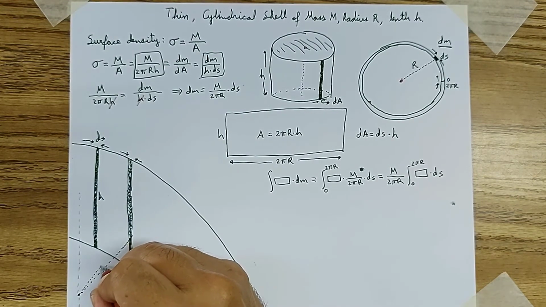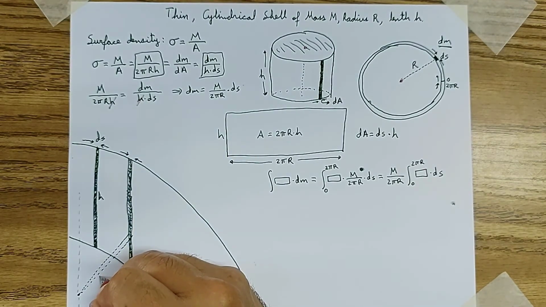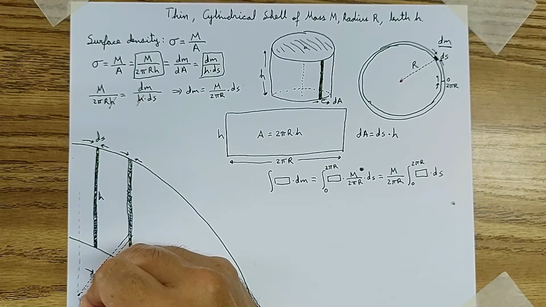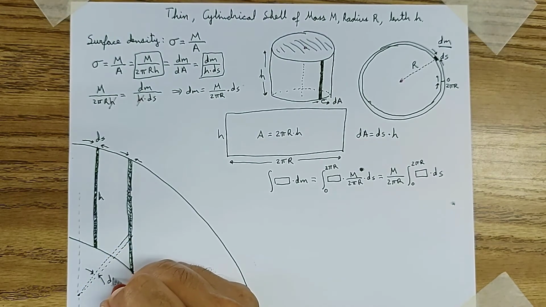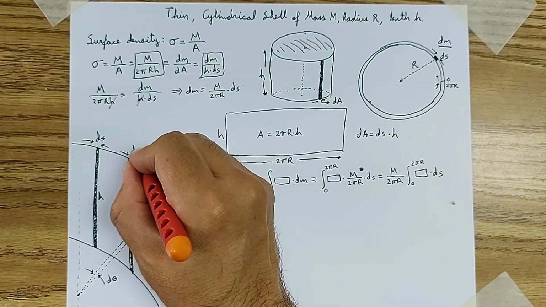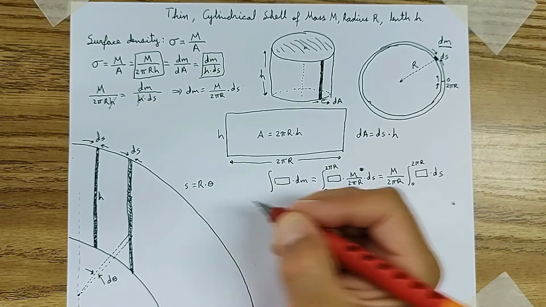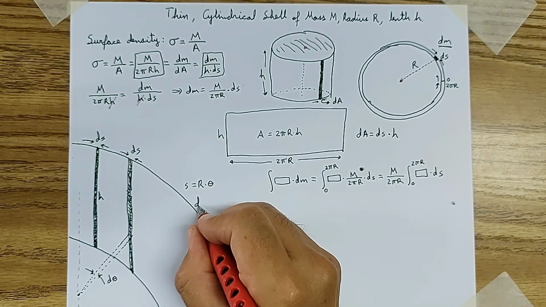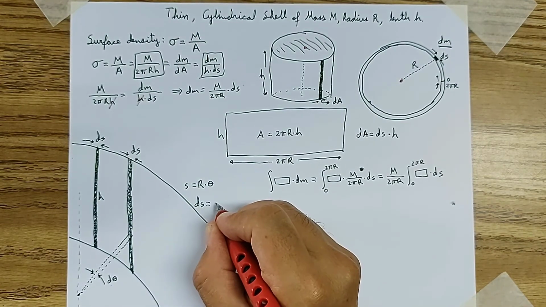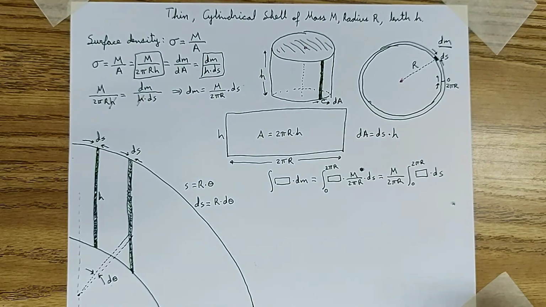But a very short arc length determines also a very narrow angle, d theta. And from our old relationship, arc equals radius times theta, we derive the infinitesimal of arc is equal to the radius times the infinitesimal of the angle.